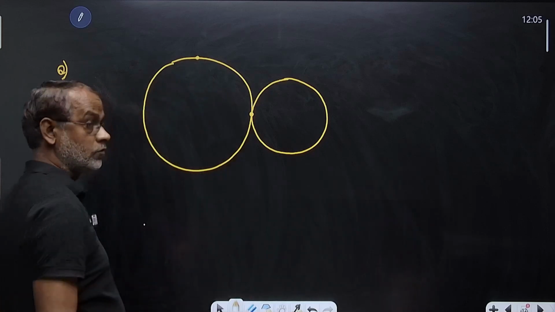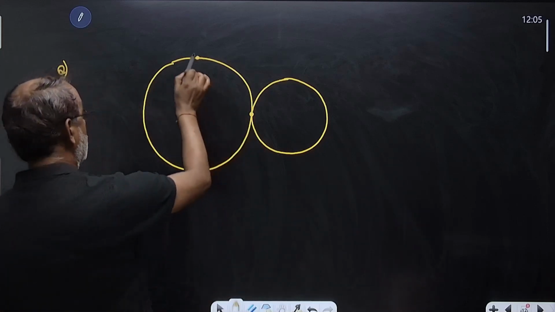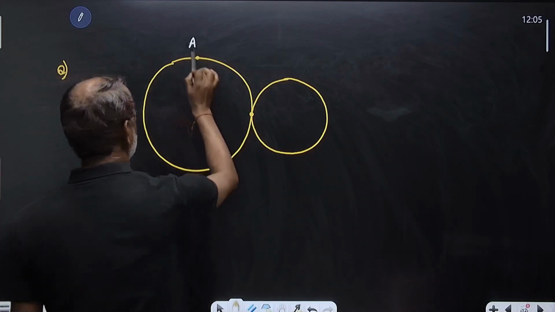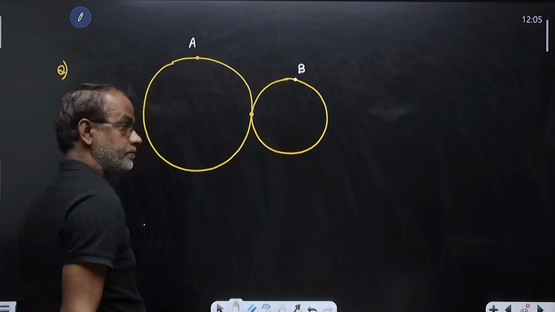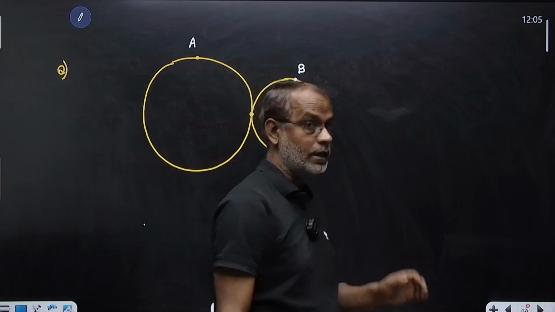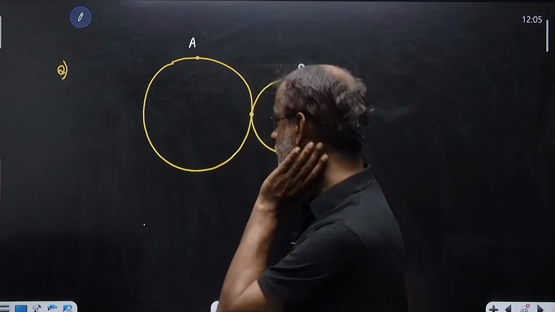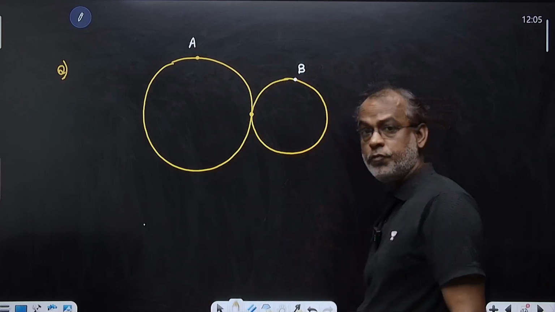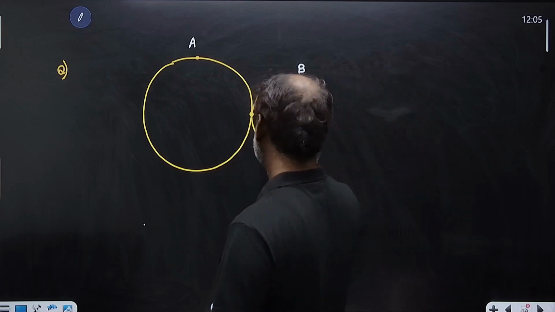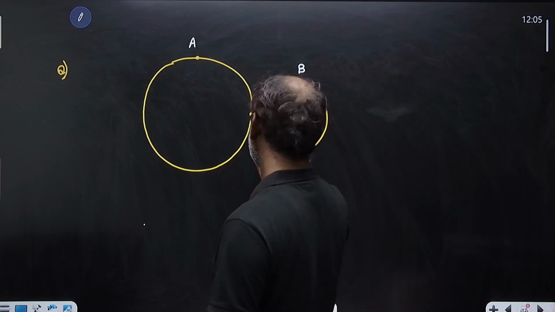Let us not use coordinate geometry. Say A and B are two fixed points. A circle is drawn passing through A. Another circle is drawn passing through B. These two circles touch each other externally at point P.